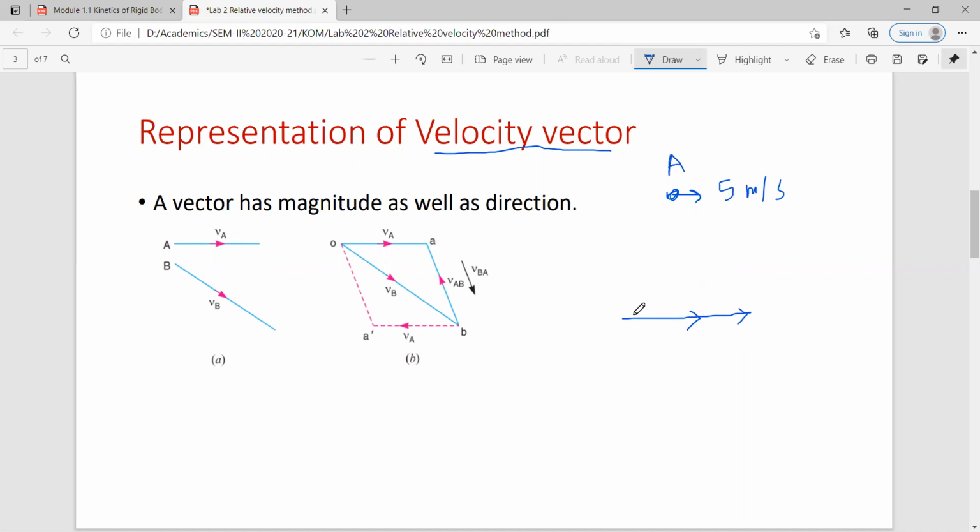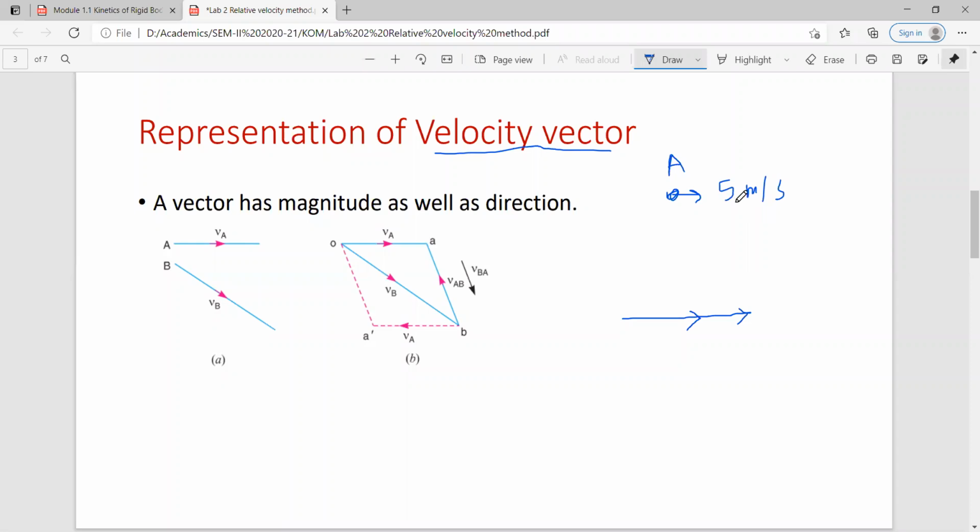Looking at the length of a vector, one can say that velocity is more or less as compared to other velocities. A point having higher velocity will have a vector of more length. So more length is the representation of the magnitude.